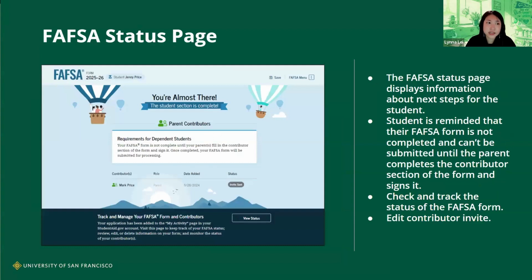And once that's done, you will see a FAFSA status page. It will display information on the next steps for the students. The student is reminded that their FAFSA, like I said earlier, is not completed until the contributors complete their section. It allows them to check and track the status of the FAFSA form and also edit the contributor invite.